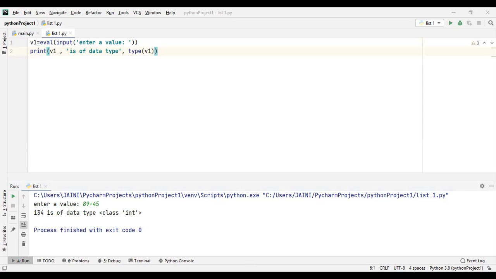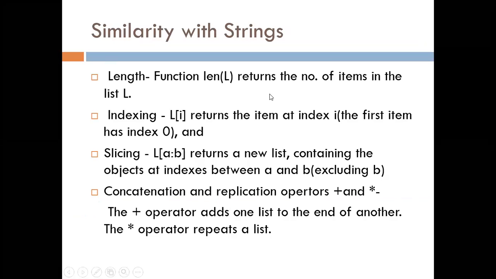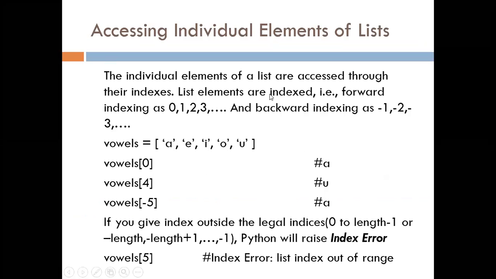Now we learn about accessing individual elements of a list. Just like we were traversing a string, we can also traverse a list. Lists are mutable, so they are editable sequences which have a progression of elements. There must be a way to access every individual element of the list, and there is.